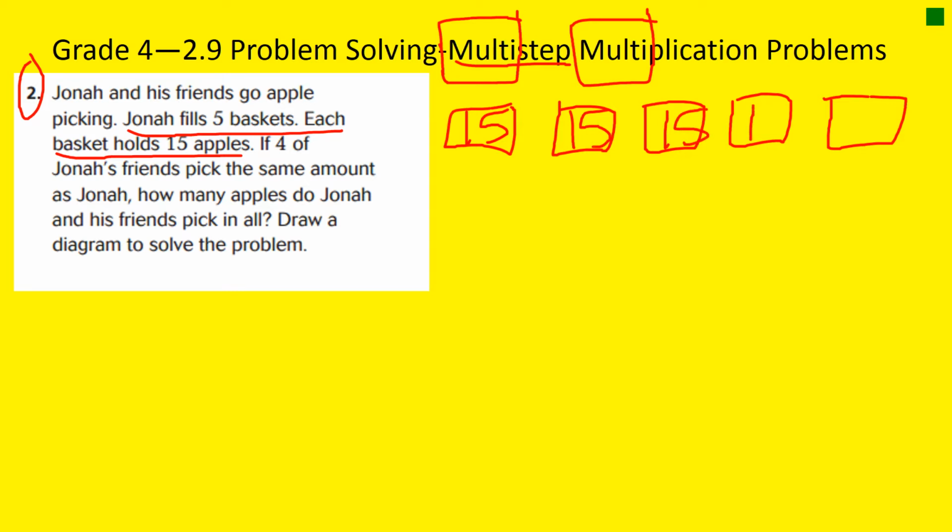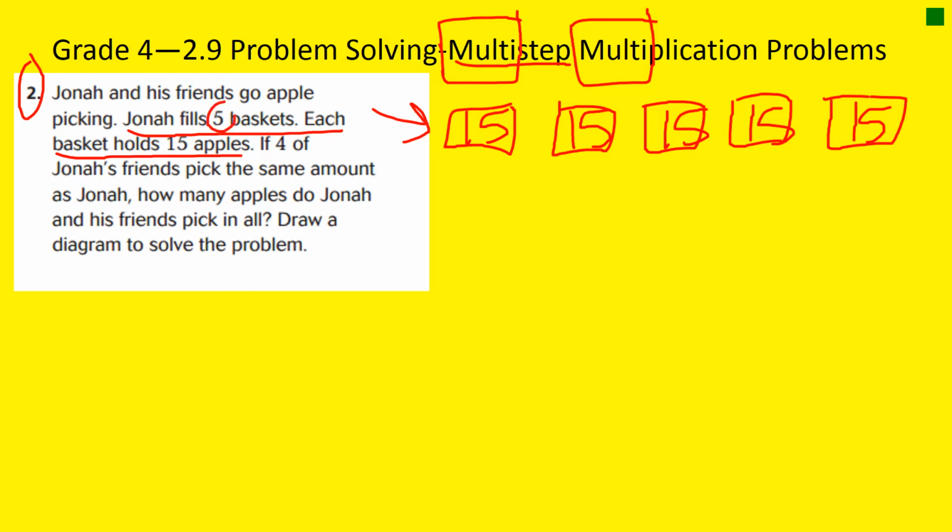So instead of drawing 15 apples, I'm just writing the number 15 inside the baskets. And before I find out if 4 of Jonah's friends pick the same amount as Jonah, let's find out what Jonah has. That's what we're doing really right here. We're going to find out what Jonah has.